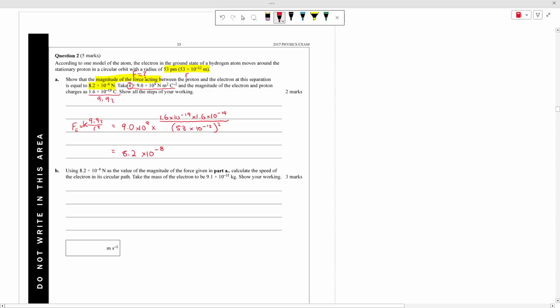That's 2 sig figs, and that's what we're required to show. Okay, so that's that answer there. So this line here is where you get the marks. Actually, you get 2 marks. It's a bit hard to say here.